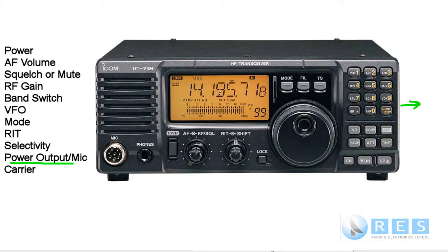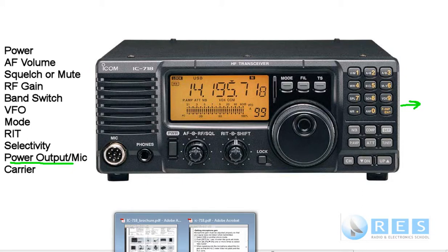Normally on HF transceivers you will have a microphone gain switch. This one is a little bit different because to change the microphone gain you actually have to enter the menu system of this transceiver. So what I've done is brought up a part of the operating manual which explains how to use the microphone gain on this transceiver.